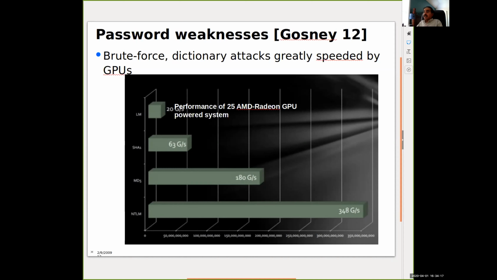This is data from again 8 years ago, right? So things have become significantly faster, maybe an order of magnitude faster, if not even more. You can see that hundreds of gigabytes of data can be hashed in just a second using GPUs.